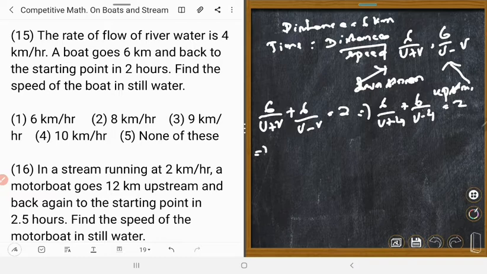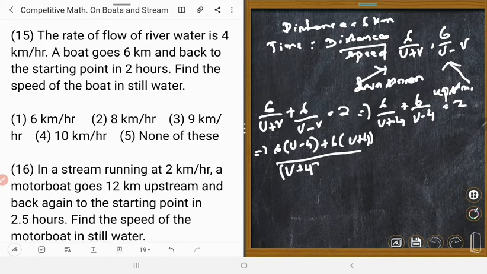Implies that 6 into u minus 4 plus 6 into u plus 4 by u plus 4 into u minus 4 is equal to 2.